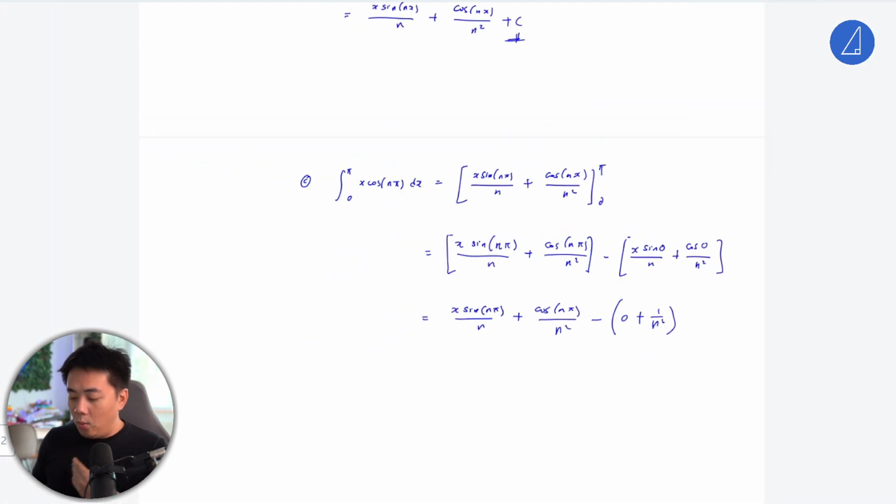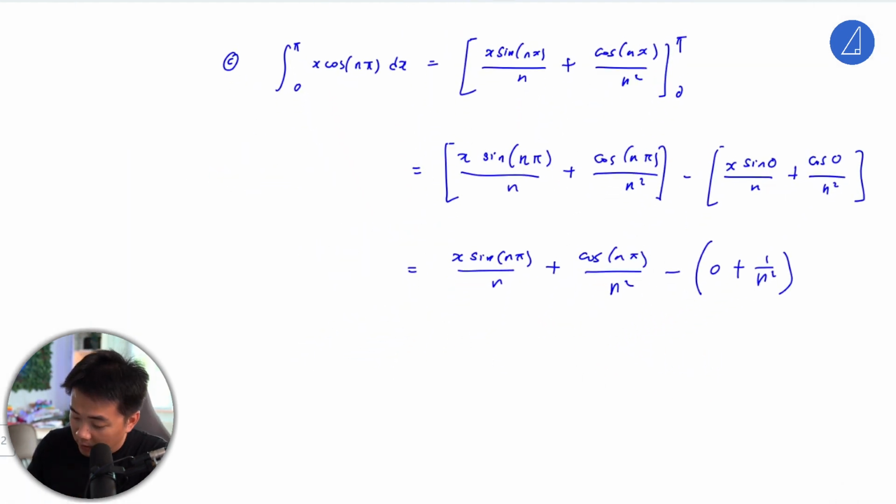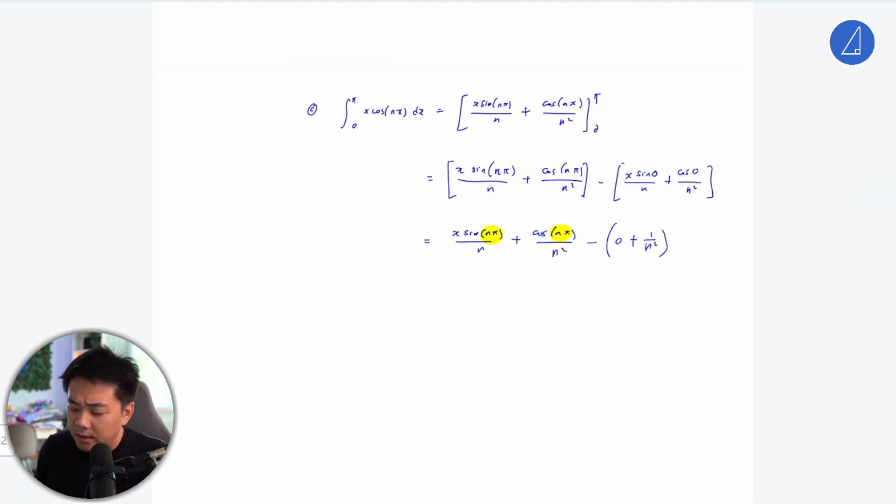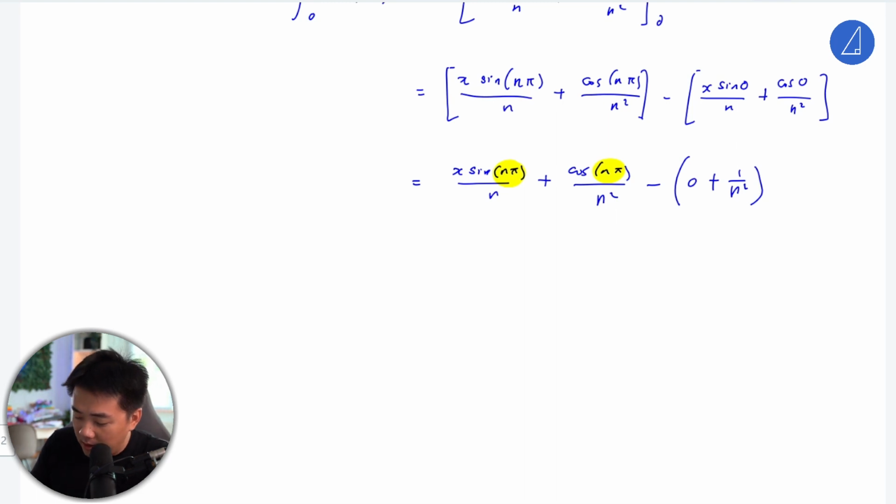Now, what we need to understand is that n pi is a multiple of pi. If n equals 1, 2, 3, 4, then n pi will just be pi, 2 pi, 3 pi. This is a multiple of pi, right?